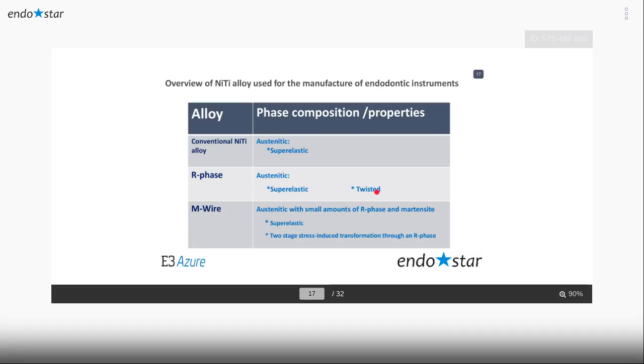Many researchers say that twisted files keep the integrity of the nickel titanium wire and reduce the micro cracks in the file so it can resist cyclic fatigue. But it's not applicable in all cases, but this is one of the generations.